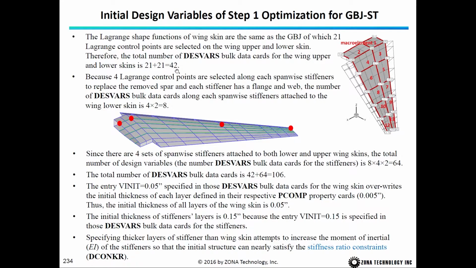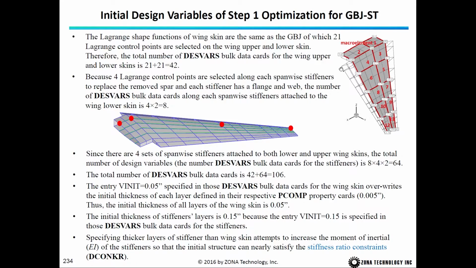But for the step 1 optimization of the GBJ-ST, because we link all 10 layers together so that they become one design variable, we have 21 DESVARS for the 21 control points on the wing upper skin, and another 21 DESVARS on the lower skin.